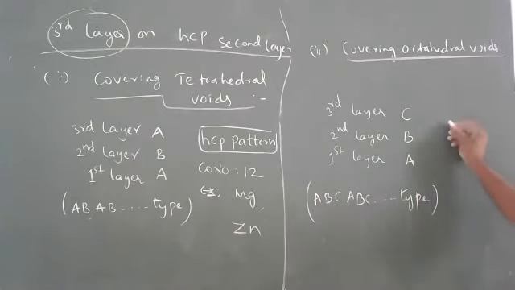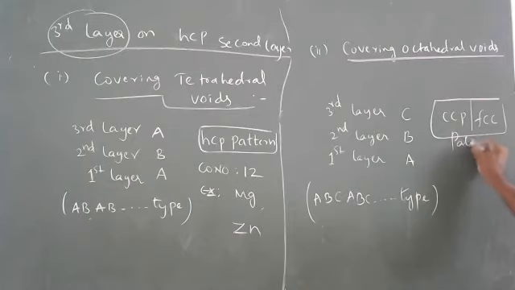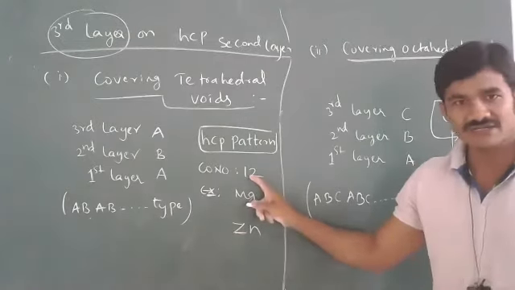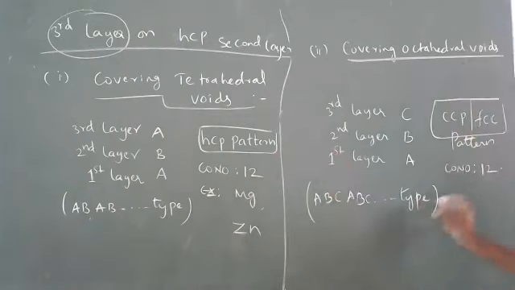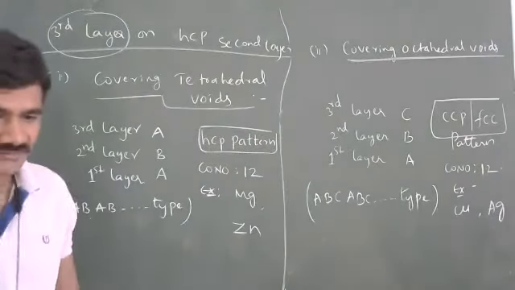When you write this type of arrangement, we'll get cubic close packing structure or FCC pattern, CCP or FCC pattern. Here also coordination number is 12. Examples here I can write as copper and silver.